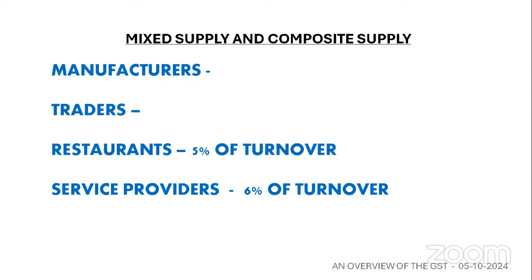The same TV you will bring to the showroom, keep it there. The customer comes, you sell the product at 2 lakh rupees plus GST. Now, you will sell the product to the consumer at 2 lakh rupees, and also you will charge 36,000 rupees as tax, and you will collect that 36,000.